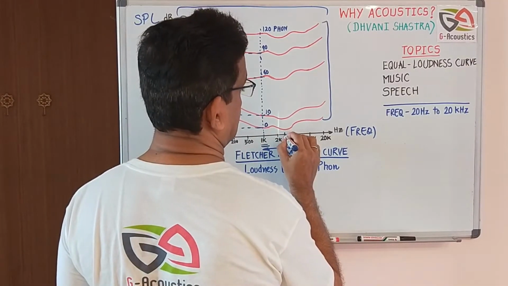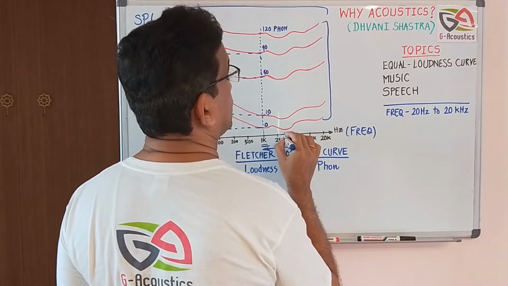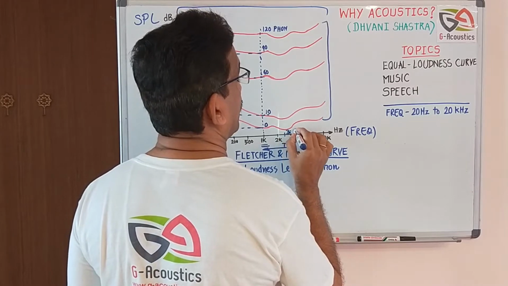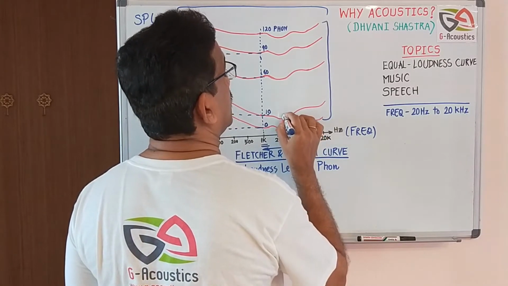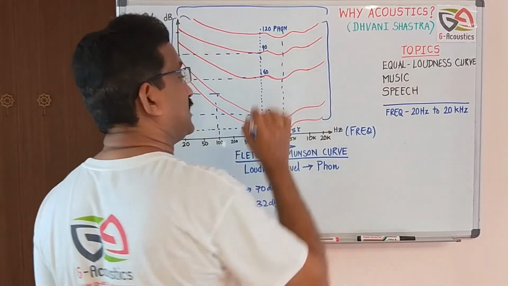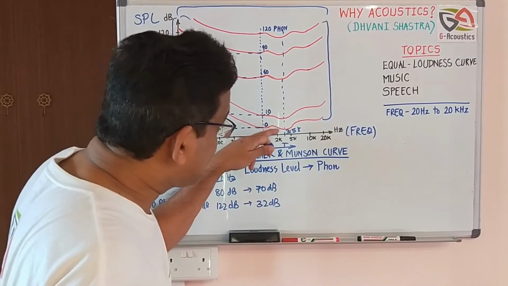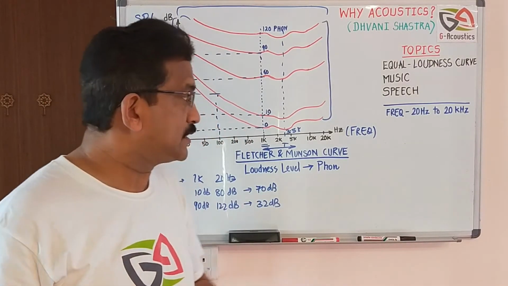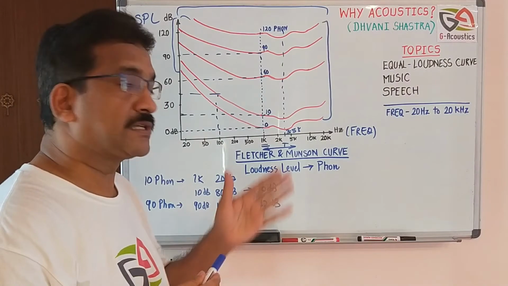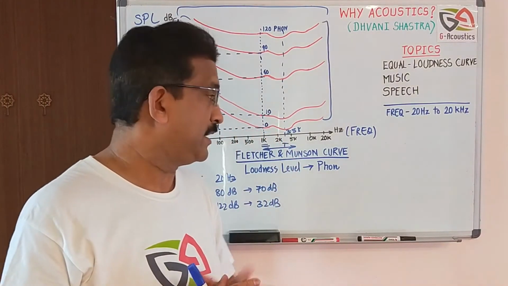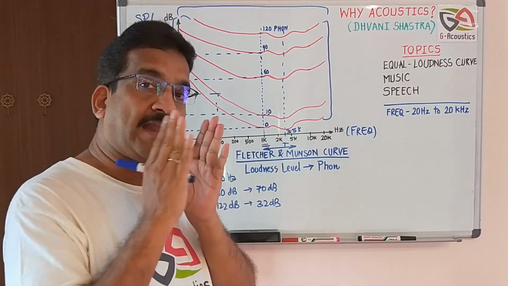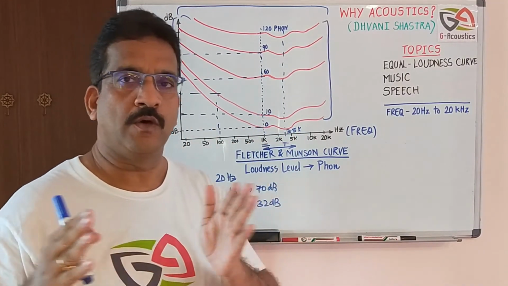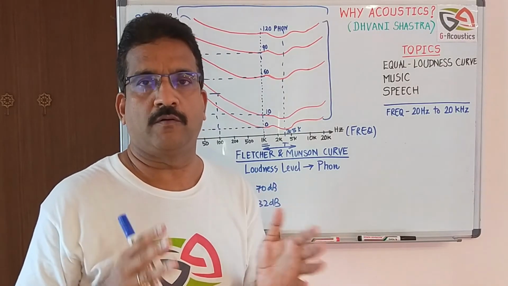Suppose you take this as 3.5 kilohertz, this is the frequency at which you can see the ears are more sensitive. Whatever the level may be, ears are more sensitive. So this is one understanding about the equal loudness curve pertaining to our ear anatomy and how sensitive it is at that particular frequency. Of course, it may range between 3 to 3.5 kilohertz depending on the individual.